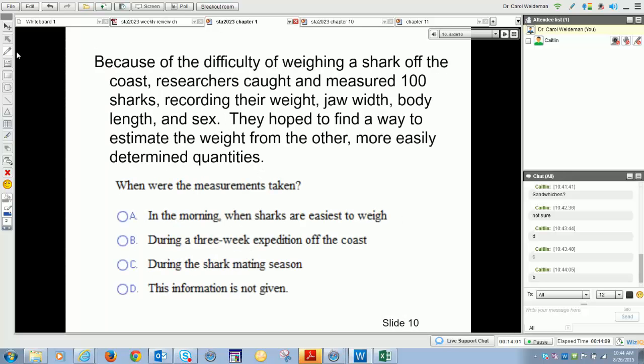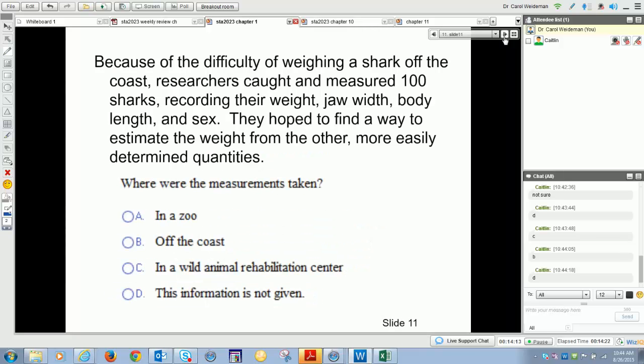When were the measurements taken? When did they measure them? And again, I mentioned sometimes they don't tell us, and this one doesn't give us any information on when. Where were they taken, the measurements? Well, it doesn't really tell us.